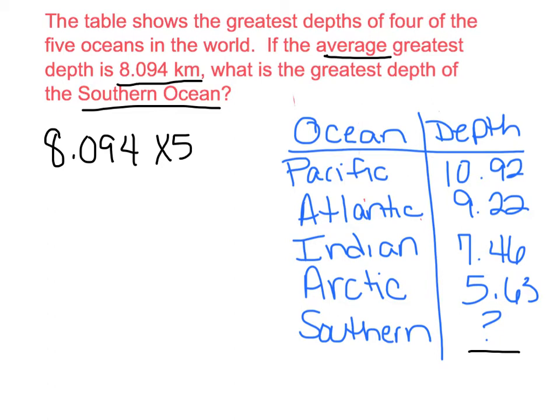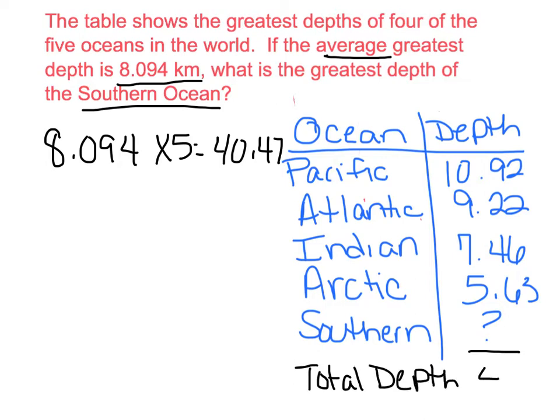Okay, so let's do that. 8.094 times 5 equals 40.47. That's the total depth. Okay, I'm just going to write that here to help you. Total depth.